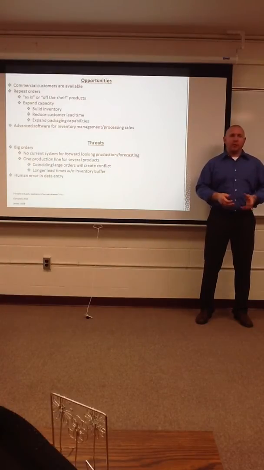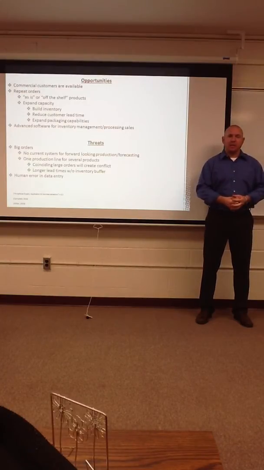The single largest threat they face is the best problem any company wants to have: more orders. There is no forward-looking system to demand forecast, and only one production line with a known capacity to support various products. The onset of an unexpected order is not impossible given the potential for commercial business. However, because they do not keep stock inventory and currently operate at 100% capacity, one or more coinciding large orders that surpass equipment, labor, and raw material capability may be detrimental if the proposed delivery time for the product exceeds customer expectations.